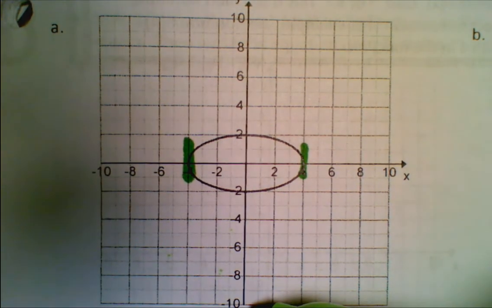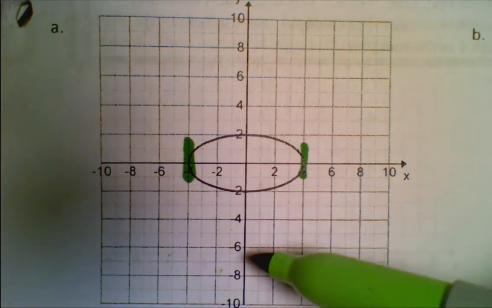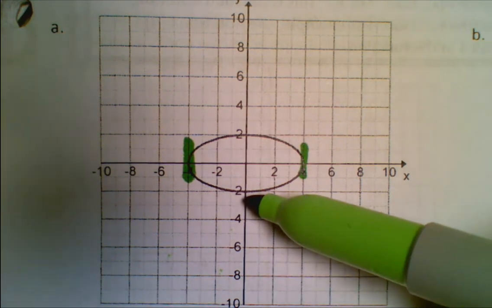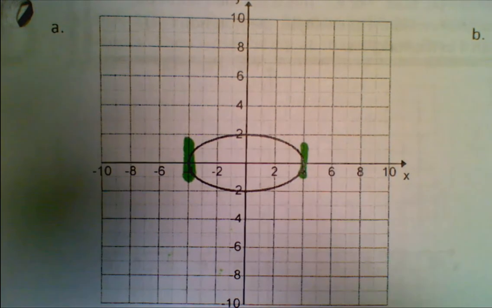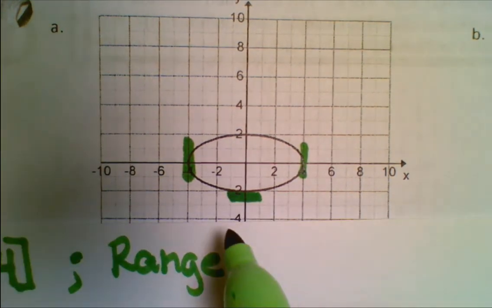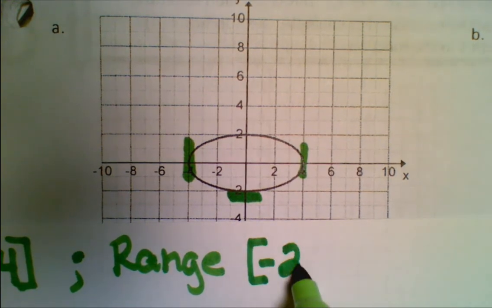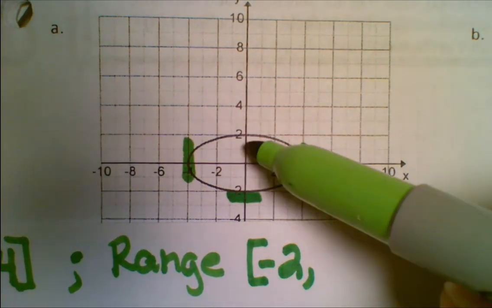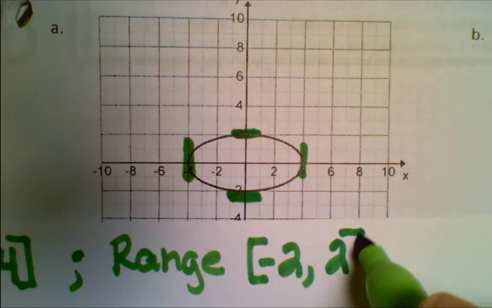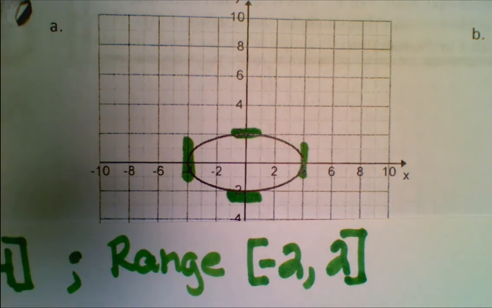We're going to start from the bottom, because remember below 0 on the y-axis you have all negative numbers. So we work our way up to the top. Where does this graph start? At -2. And then keep going. Where does it end? At +2. And we close it. So that is our domain and range of this graph.